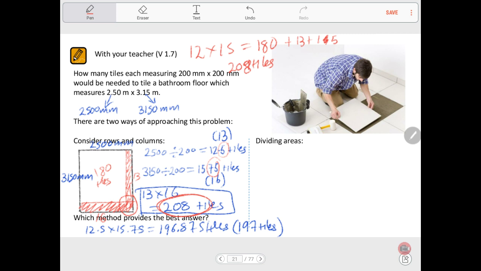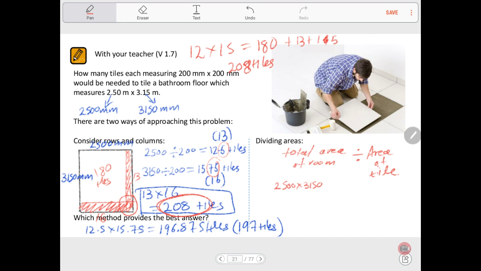What about if we were to divide areas instead? Okay, so we took the total area of the room and we divided it by the area of a tile. Okay, just one tile. Right, so the area of the room, we have 2,500 by 3,150.